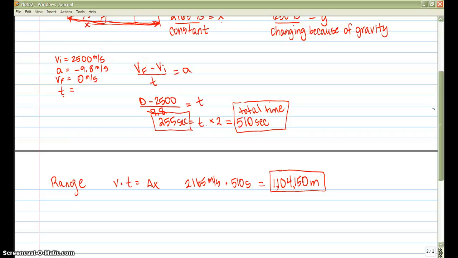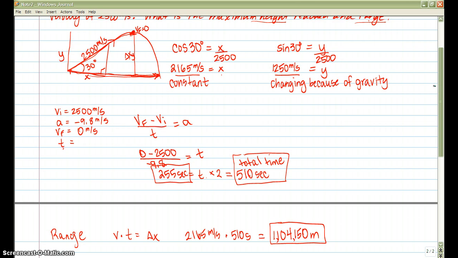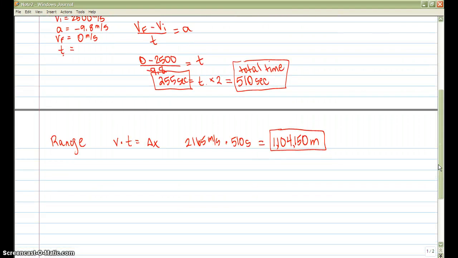Next thing we want to determine is the height. So we want the maximum height again. In this case, our maximum height is going to go, again, in this direction up here. So we want to find out the height of this thing. We have an equation: height, delta x, equals 1/2 a t squared plus v initial t.